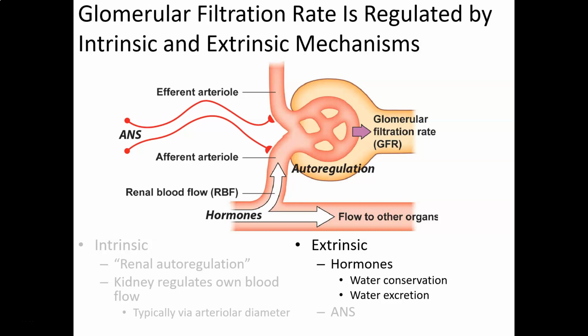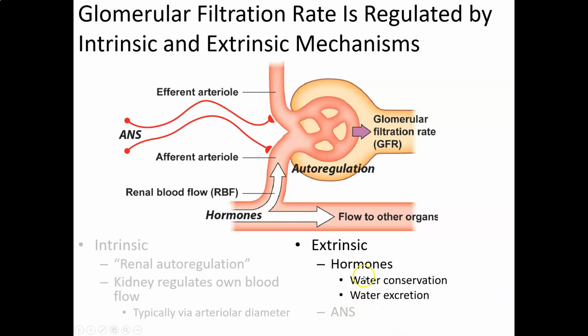We have water conservation hormones, hormones that ultimately help us to conserve and retain water. And we have a water excretion hormone that helps us get rid of water. Now, interestingly, from an environmental point of view, it's generally much more difficult to hold on to water and find it in the environment than it is to excrete it.